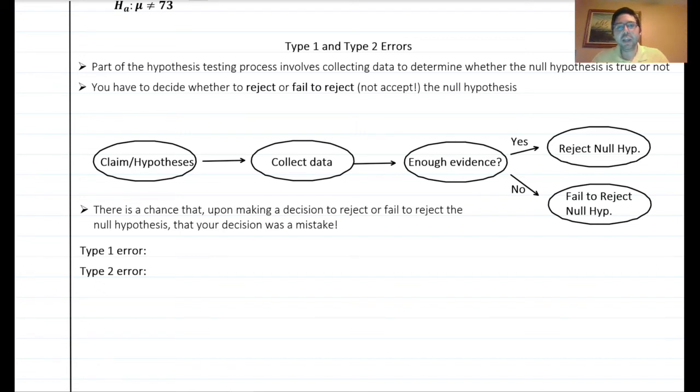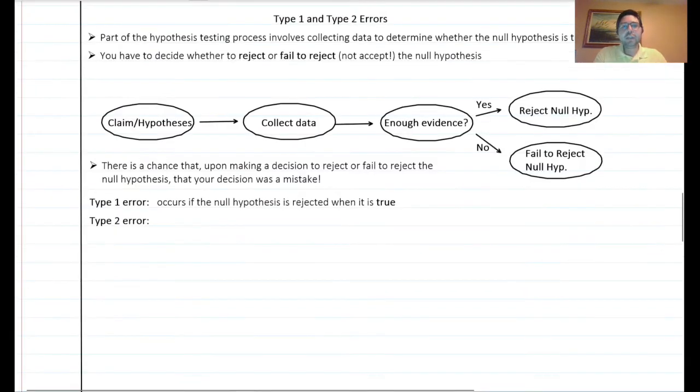All right. So there is a chance that upon making a decision to reject or fail to reject, your decision was a mistake. Why could there be a mistake? Well, the reason is that you're taking samples, and samples have an innate error to them because you're not doing it for the entire population. You're just doing it for a sample.